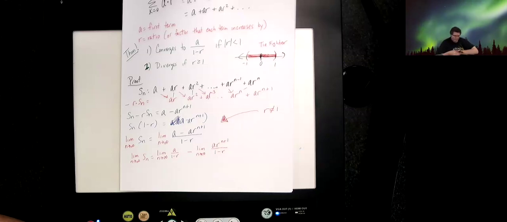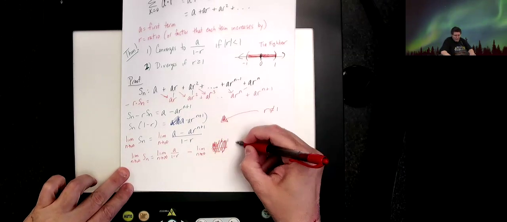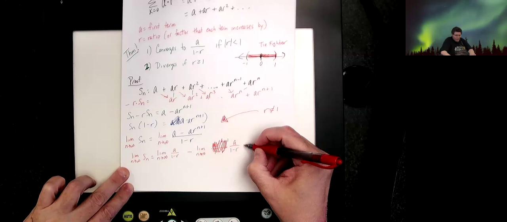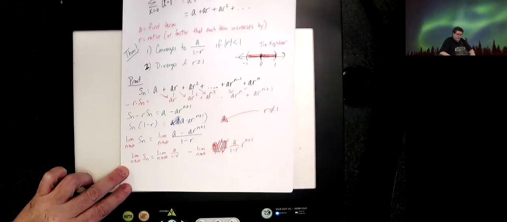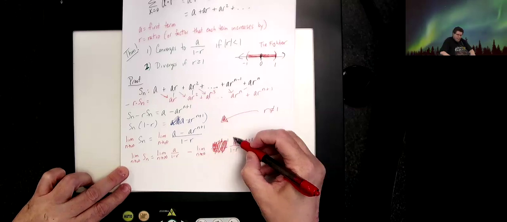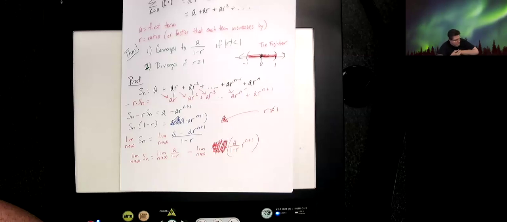Or maybe this is a little bit better. Let's write this as a over 1 minus r times r to the n plus 1. That's probably a better way to look at it. That way you keep in mind that this 1 minus r is just a coefficient. r is going to have some value here.